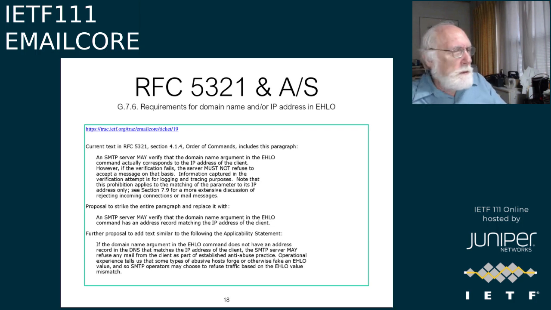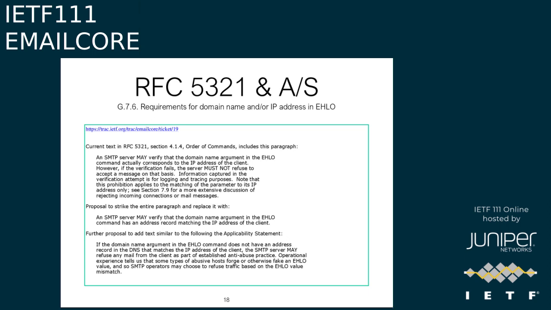Right. The text that I'm seeing here covers only half of the story. It gives the server operator the leeway to do the rejecting, and thereby warns senders that they should make every effort to make sure that their hello name does have an IP address, else they might be rejected by some servers. But it doesn't give anybody the impression that actually doing the rejecting is likely to run into a bunch of trouble and should not be undertaken lightly.